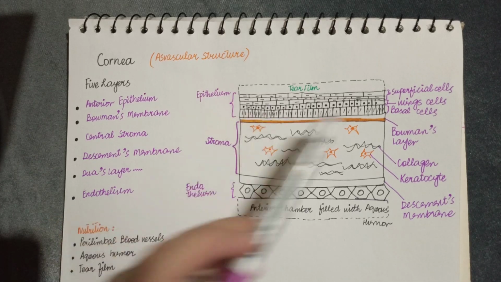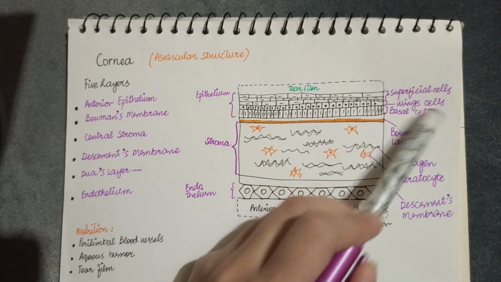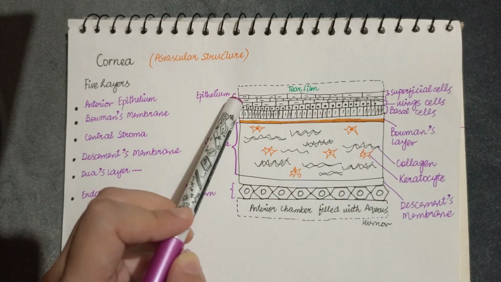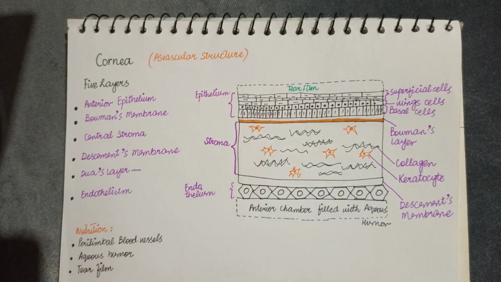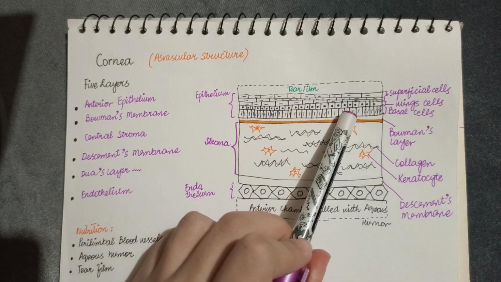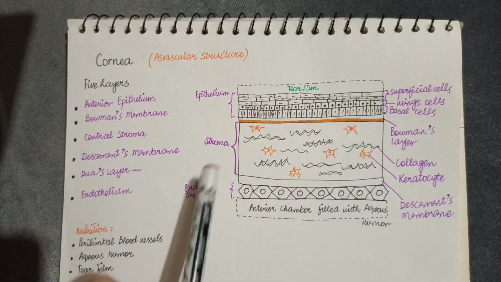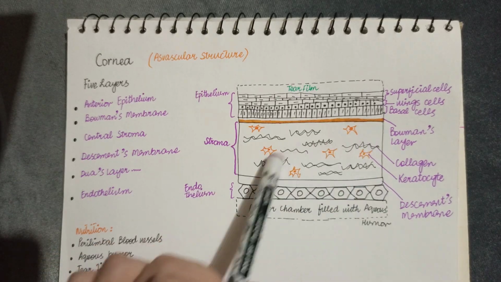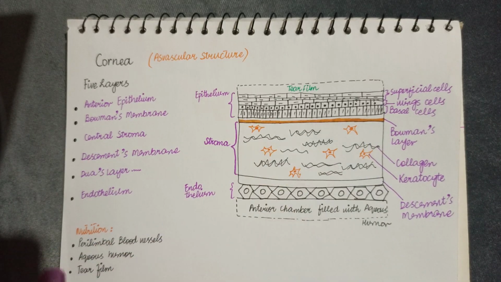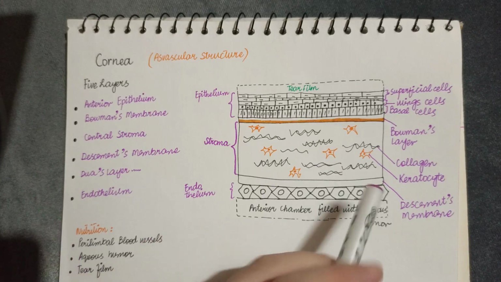Epithelium layer of the cornea consists of superficial cells, wing cells, and basal cells. After epithelium, Bowman's layer is present. It is a thin but non-regenerable layer of the cornea. The thickest layer of the cornea is stroma, and collagens are arranged in it, which is responsible for the transparency of the cornea.